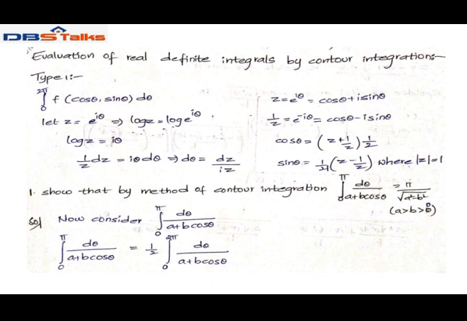Integral 0 to pi d theta by a plus b cos theta equal to 1 by 2 integral 0 to 2 pi d theta by a plus b cos theta. So the given problem can be written in the form of 1 by 2 multiple of integral 0 to 2 pi.